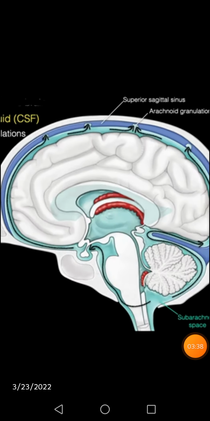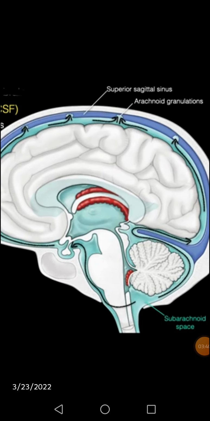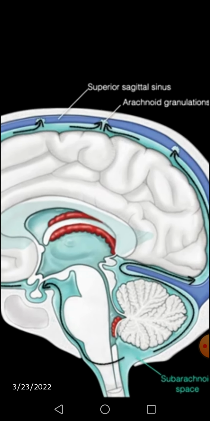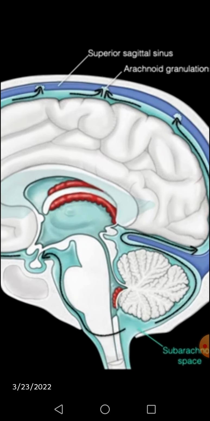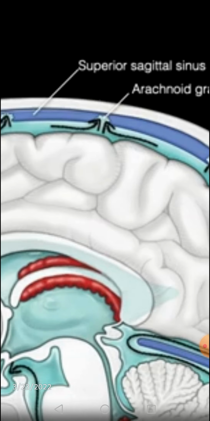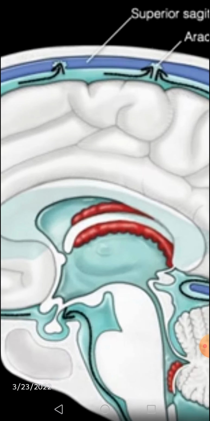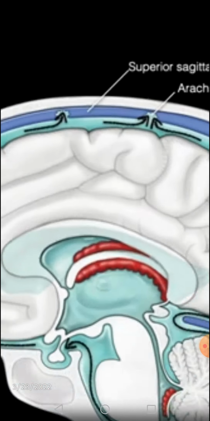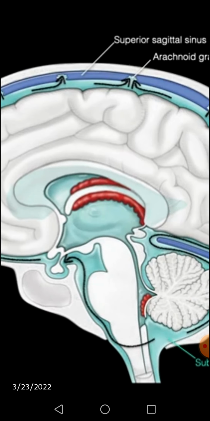Now you can see that these arrows are running through the subarachnoid space and into the arachnoid granulations. And what are they? They are coming from the arachnoid mater and opening into the superior sagittal sinus, the final destination of the CSF.